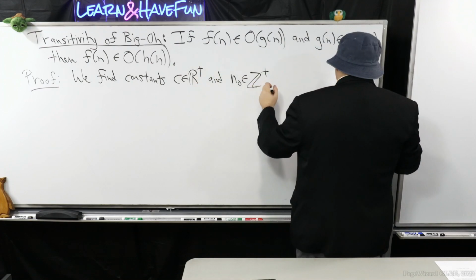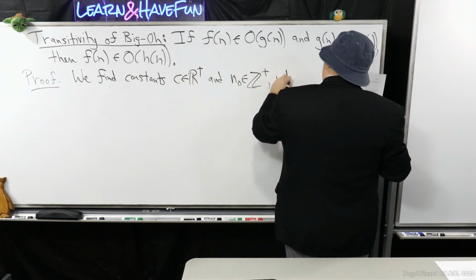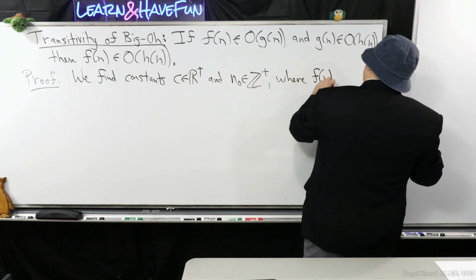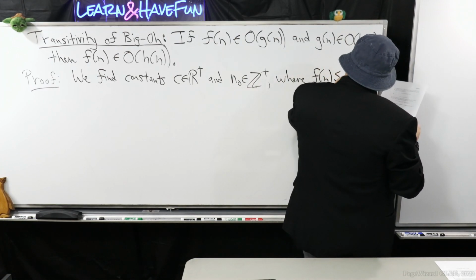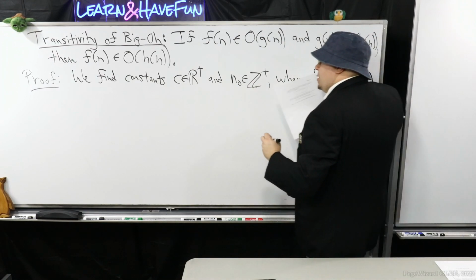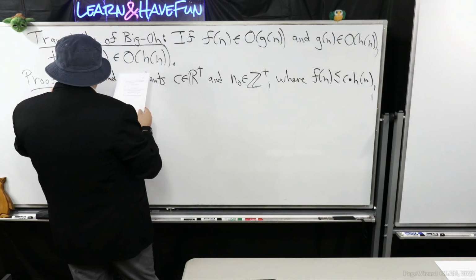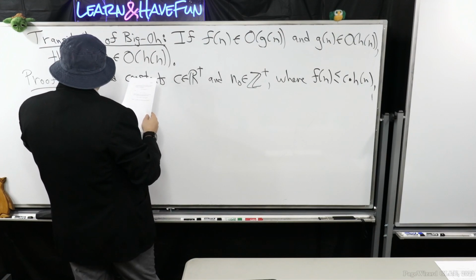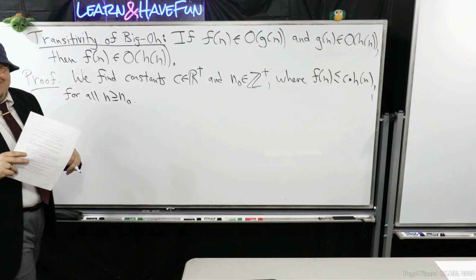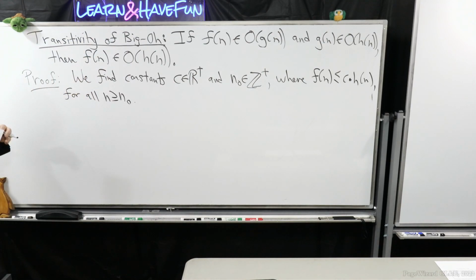So I have c and n0, where it has to be that f of n is less than or equal to c times h of n for all n greater than or equal to n0. I thought I'd write it a little differently here. So let's get in on this.